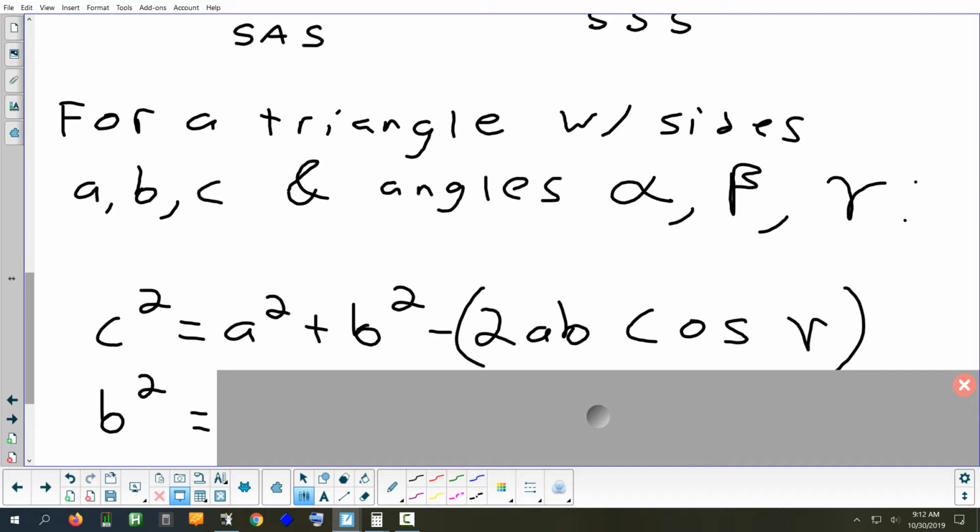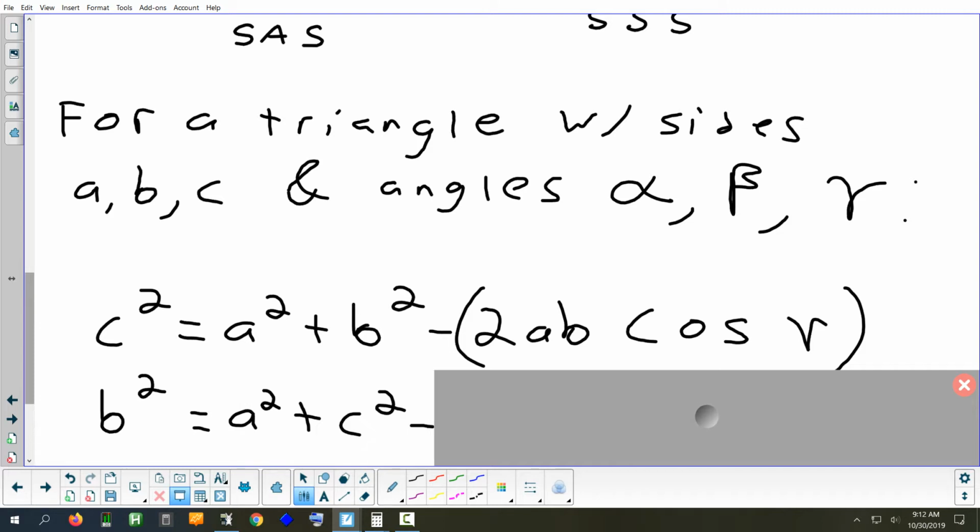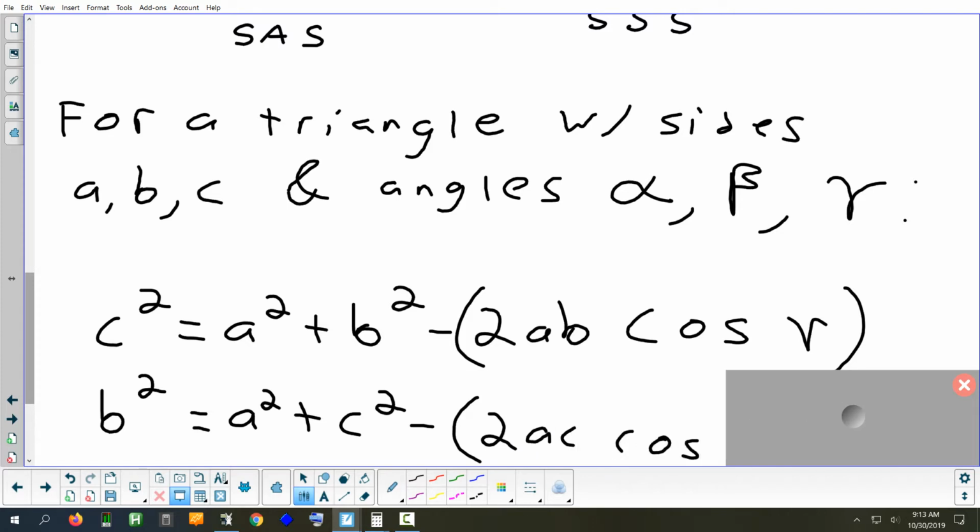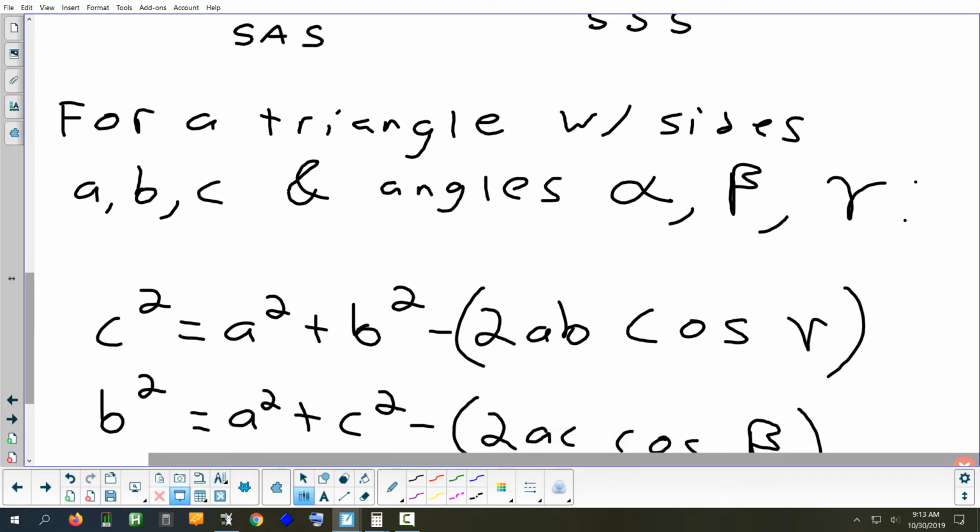A squared plus c squared, minus, and then what's going to be in the parentheses? 2ac cosine. And now what's the name of the angle across from the letter we started with? Beta. So 2ac cosine beta.